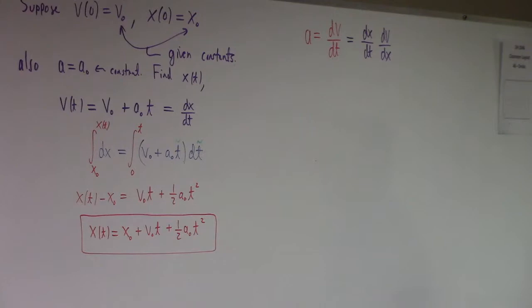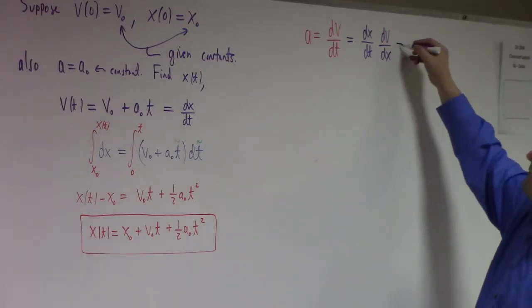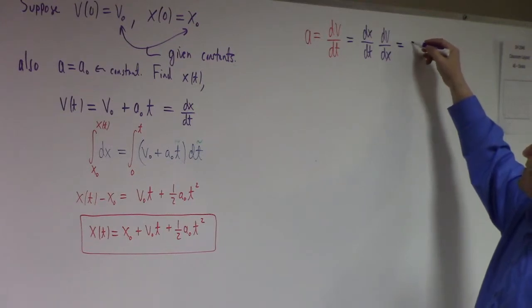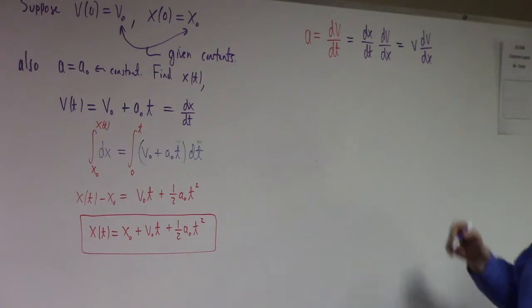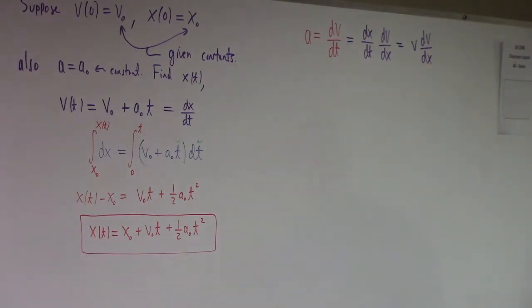For the more mathematically inclined, this is the chain rule, assuming that the position is completely parametrized by the time. This would stop being true in higher dimensions or places where there's more than one coordinate. And so what is this? This is v dv/dx. I love the way that sounds. See, because that's velocity.